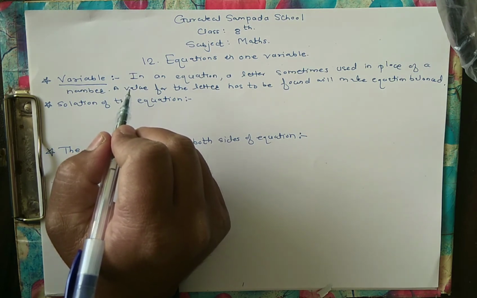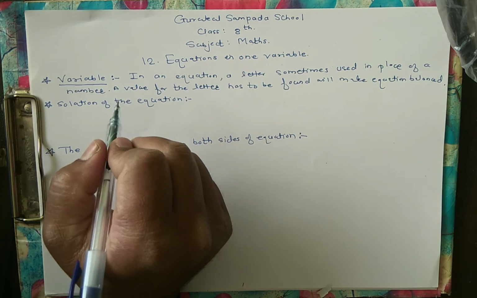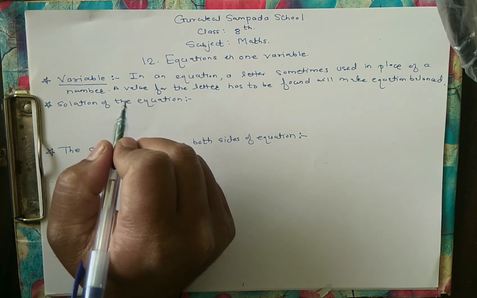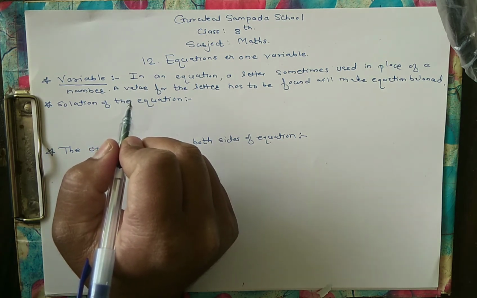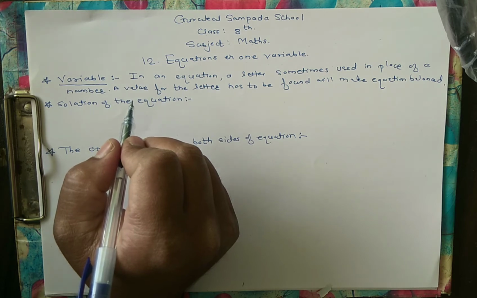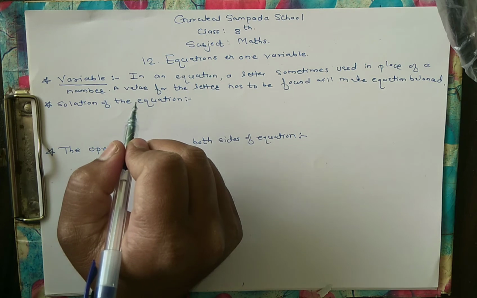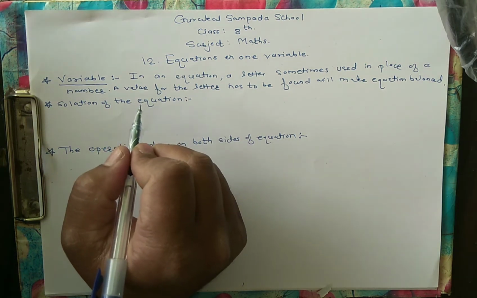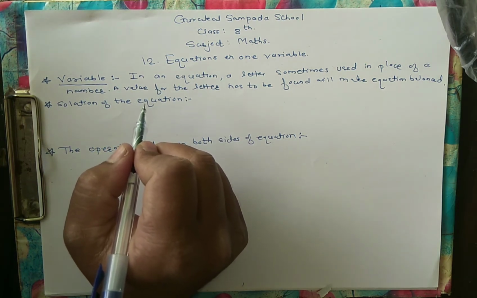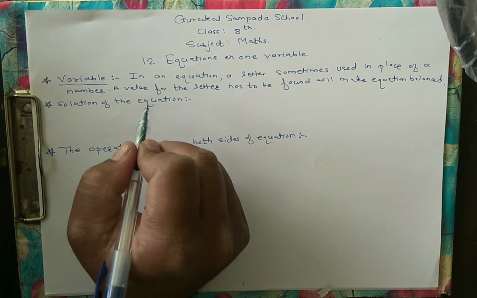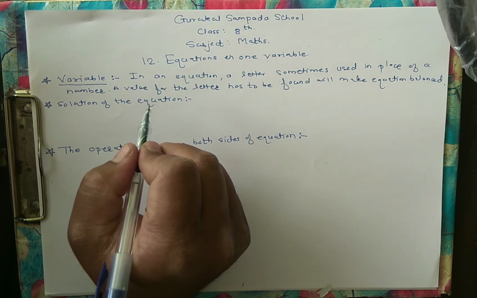Suppose one boy is there. His mother asked him to bring some rice. So what is meant by some rice? At that time we don't know the exact value, so we have to consider that some value as replaced by a letter, suppose x.